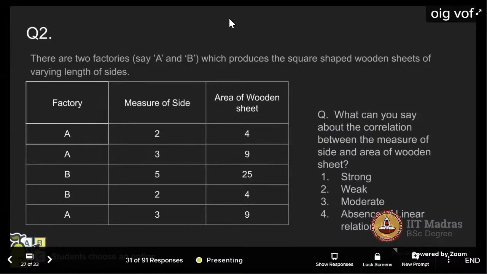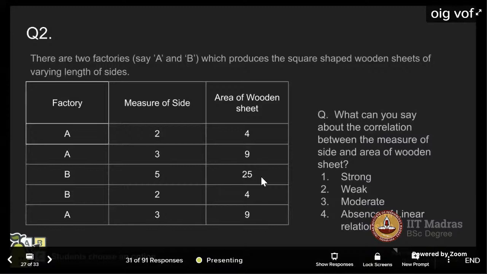Sir, if I expand the covariance calculation formula, it should be x1 minus x bar into y1 minus y bar, plus x2 minus x bar into y2 minus y bar, like this.